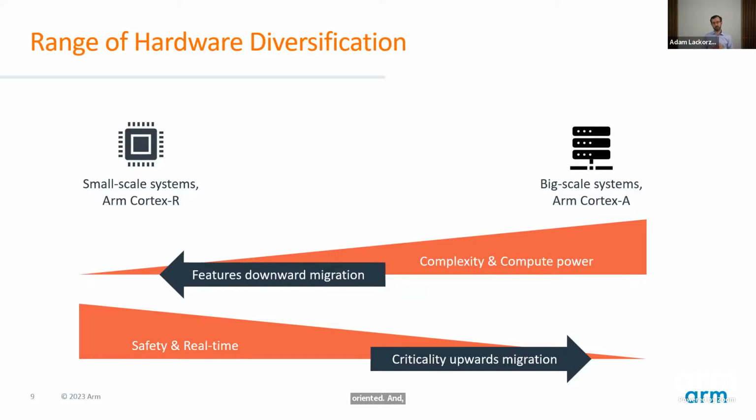Another difference is the amount of resources available for those systems. The Cortex-R systems are typically resource constrained, and the Cortex-A systems, at least the bigger ones, typically have plenty of resources or can be equipped with plenty of resources.